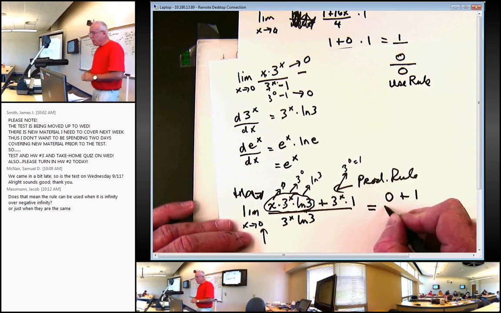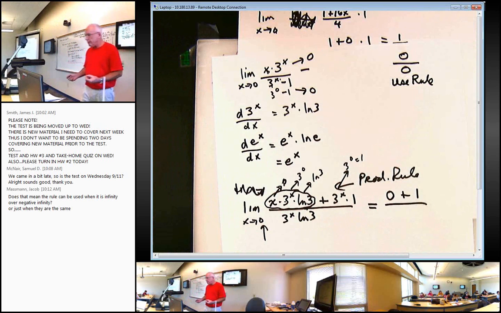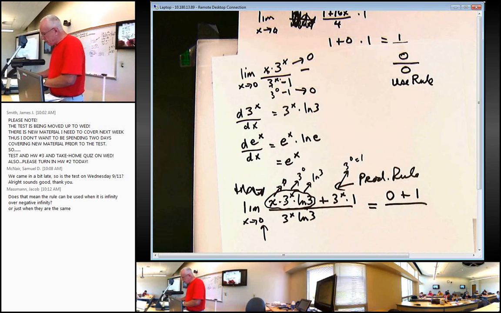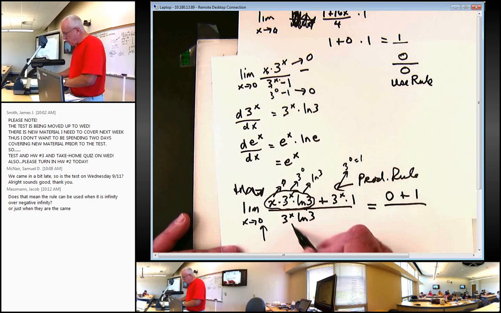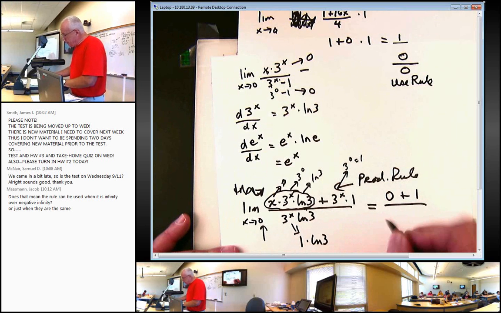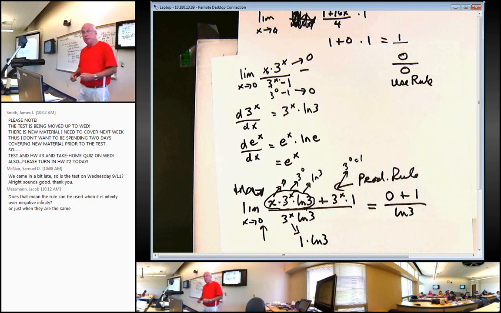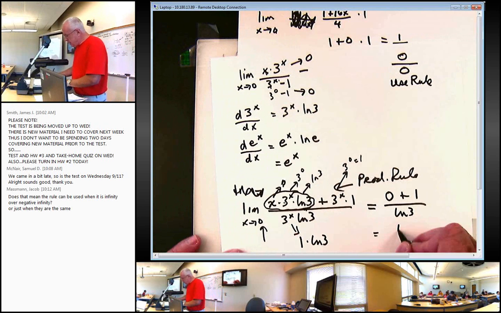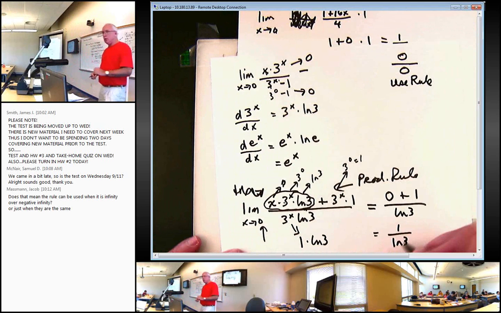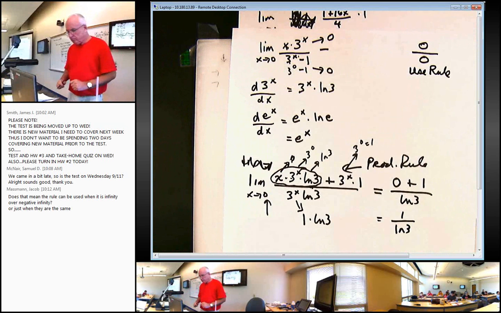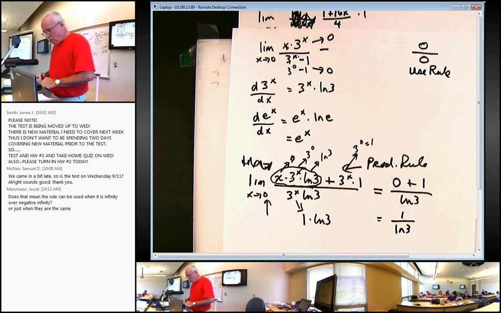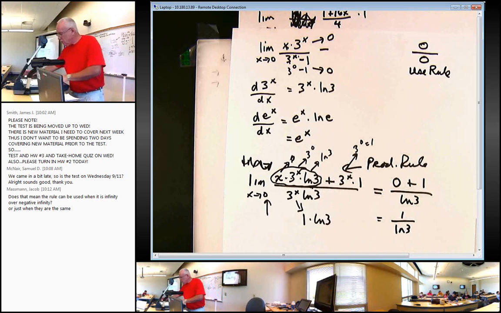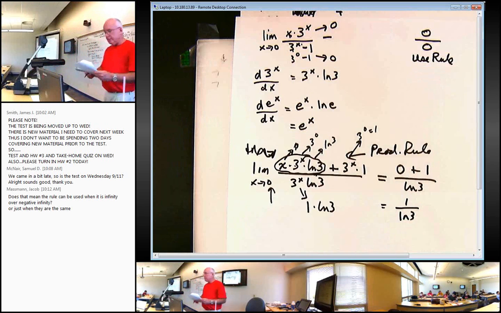So my numerator from doing the limit is going to be a 1. Now what's my limit when I do the denominator? 3 to the 0 power is 1 times ln of 3. So my denominator is the ln of 3. Therefore my limit is 1 over the natural log of 3 from L'Hopital's rule. Okay, I wanted to get some additional examples of that.